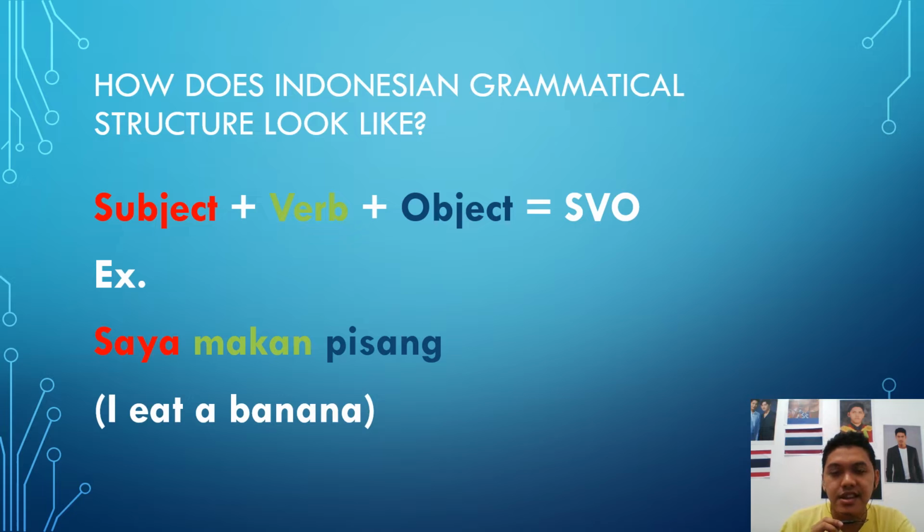Here's an example that I made: saya makan pisang. In this sentence, saya is the subject, makan is the verb, and pisang is banana. Pisang is banana. Okay?